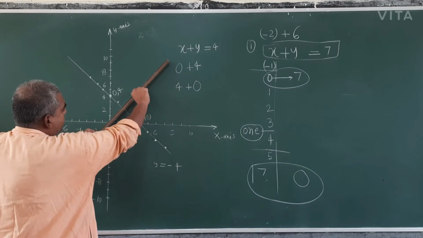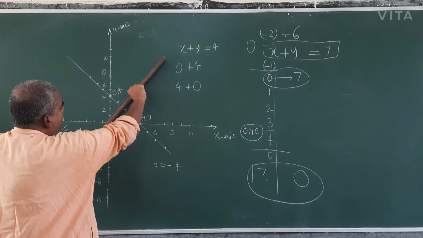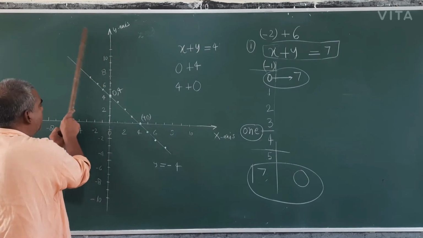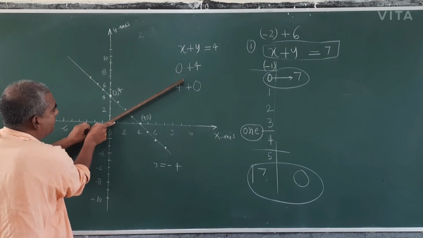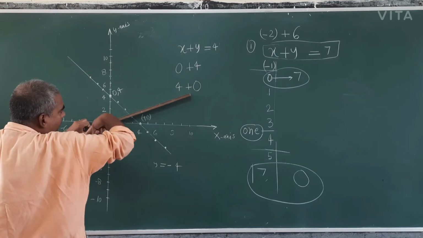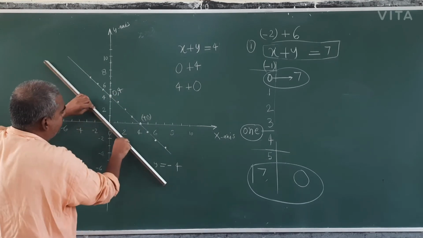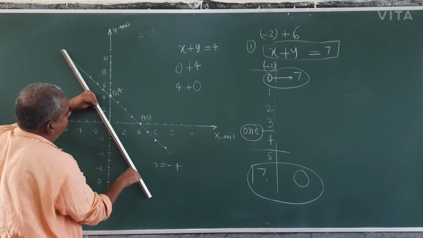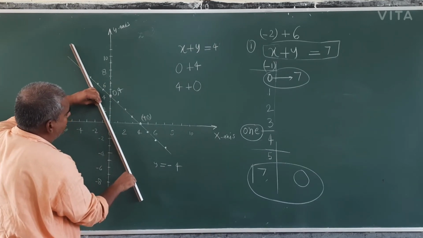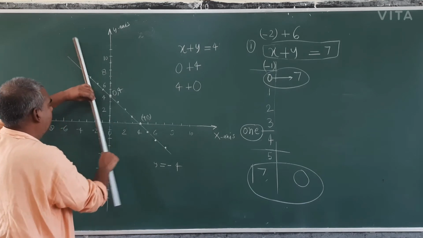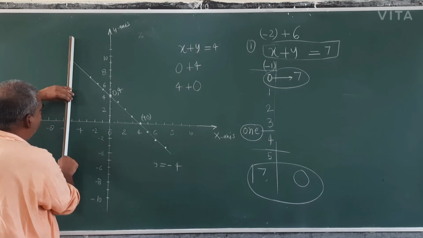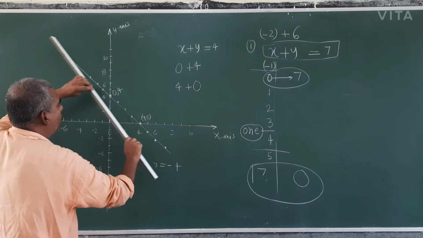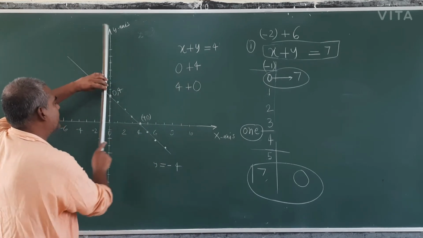This may also be a case like this. So at any time, the line will cut at either 1 point, like this, or parallel to the y-axis, or this also, either 1 point or always 2 points. When I draw these lines, I will teach you slowly, and that will be taught in class 10th also.